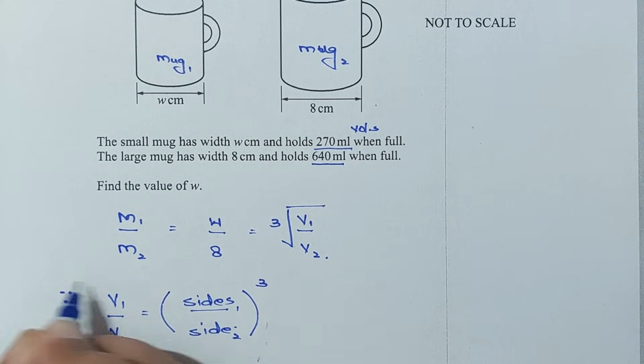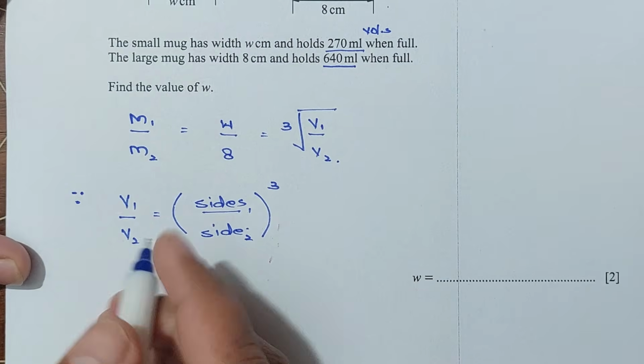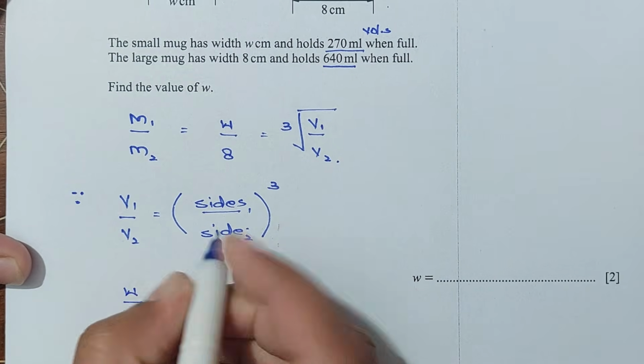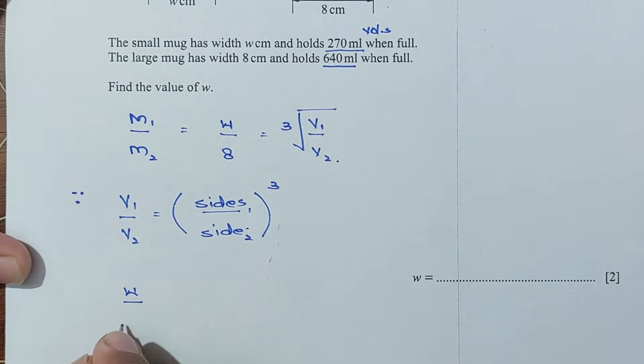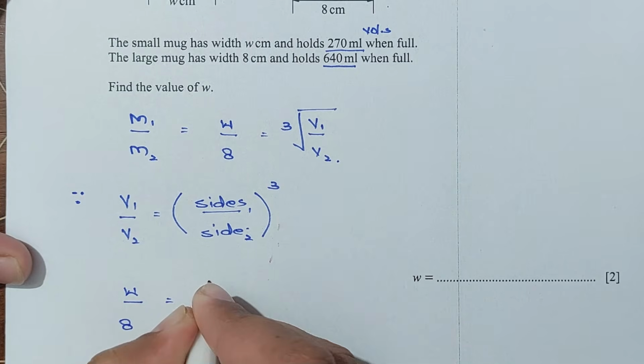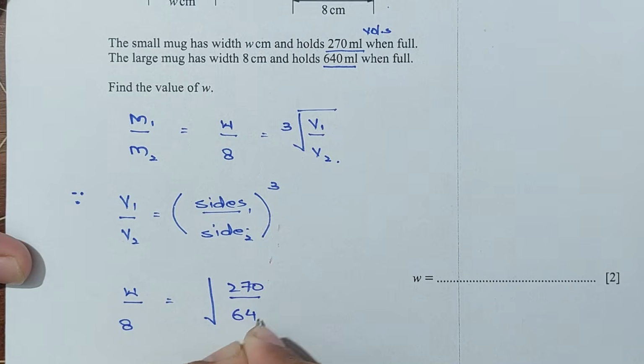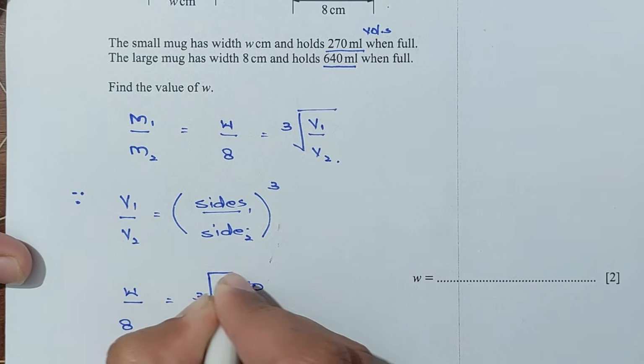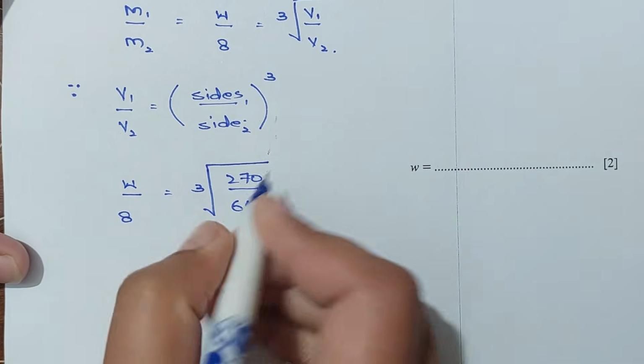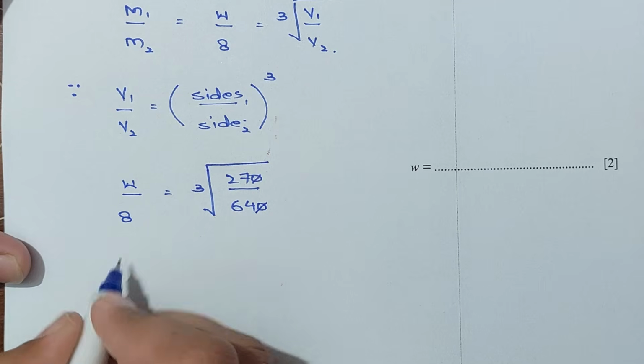And when we are solving, we do the cube roots, right? So the first mug side is W, the other mug side is 8. The first mug is 270 volume and the other one is 640 volume. It's cube root. 0 is cancelled with 0.